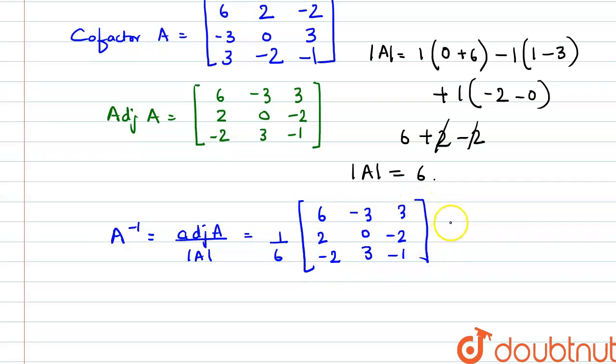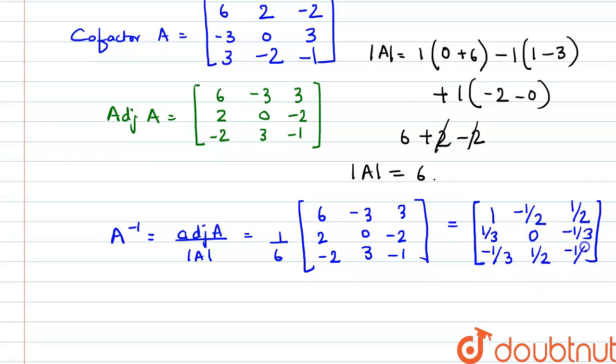And if we take the 6 inside, we have our A inverse as: 6 divided by 6 is 1, minus 3 divided by 6 is minus 1 by 2, 3 divided by 6 is 1 by 2. Similarly, 2 divided by 6 is 1 by 3. We have 0 here, minus 1 by 3 here. Now again minus 1 by 3 here, 1 by 2 here, and minus 1 by 6 here. Okay, this is our A inverse.